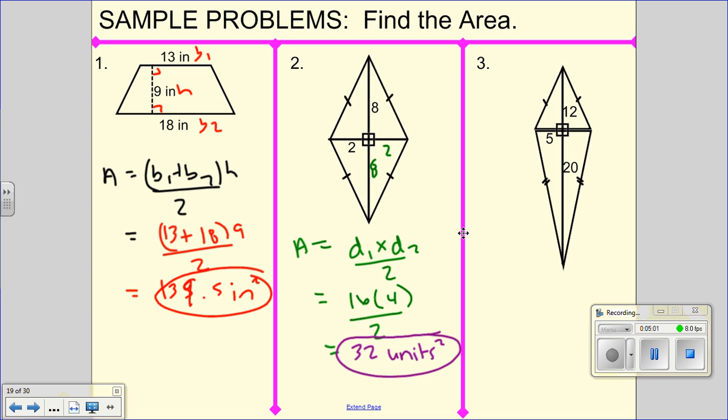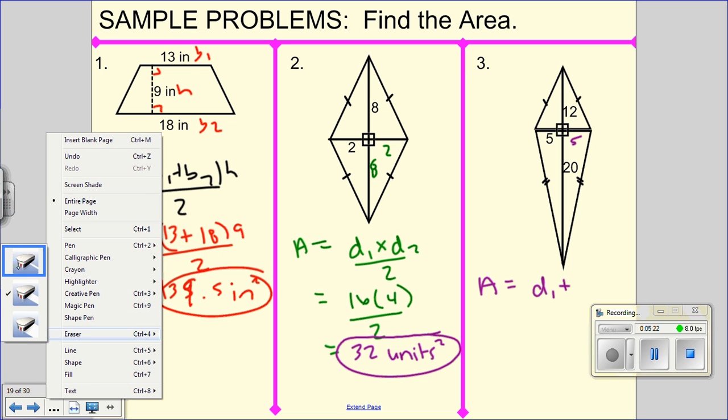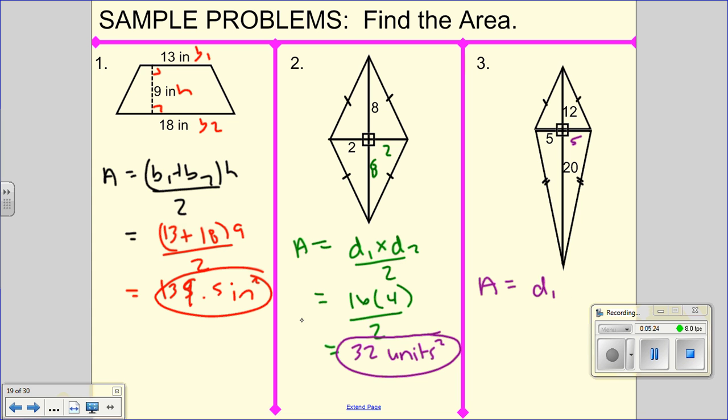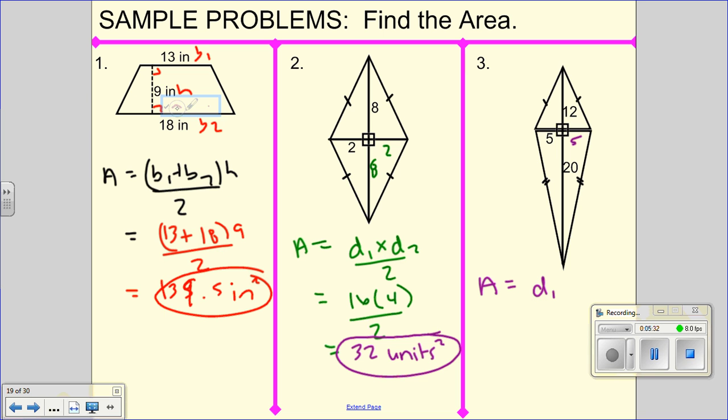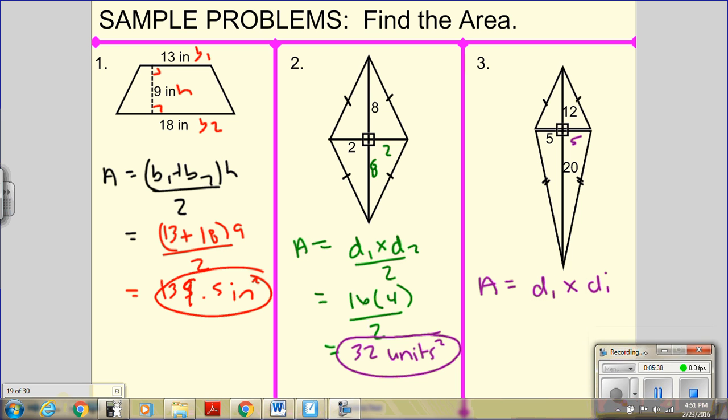Now, number 3 is a kite. And we know that the shorter diagonal is the one that's bisected. So if it's 5 here, there's 5 here. So again, it's D1 times D2 over 2, and you should write the formula, and I want to see the formula every time, so I understand that you understand what you're doing.